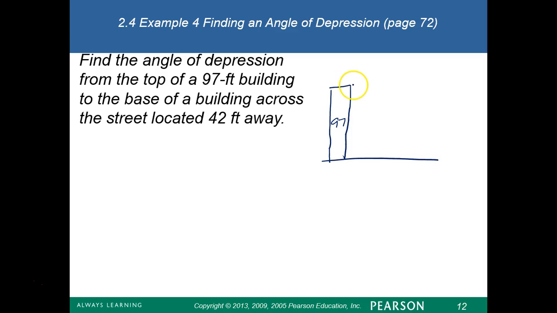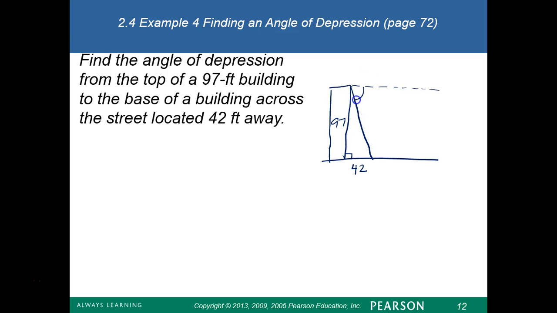We have an angle of depression from this that goes all the way down to, it's 42 feet to the base of another building. So right here, that's a right angle.